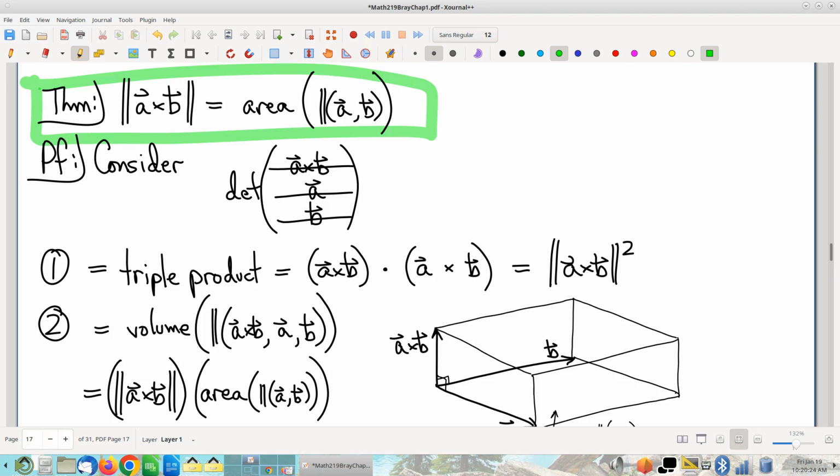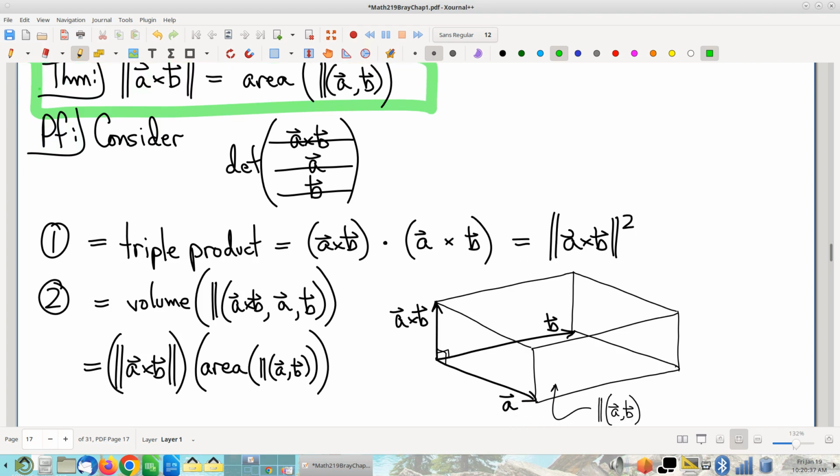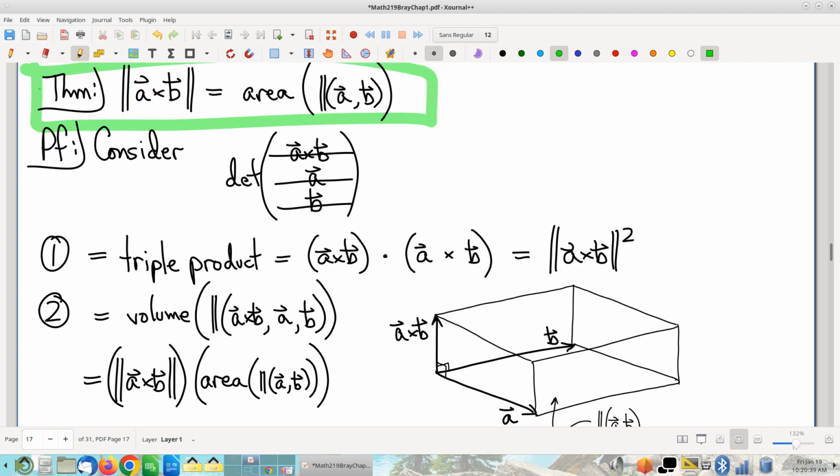When you take a cross product of two vectors, the magnitude of that cross product tells you something useful. Specifically, the magnitude tells you the area of the parallelogram created by those two vectors.